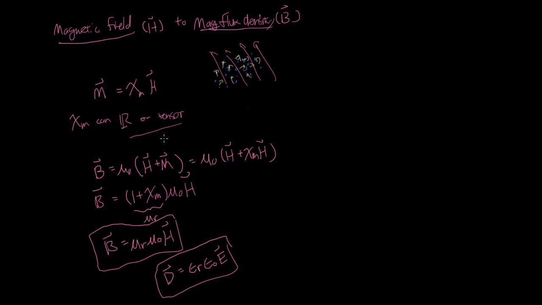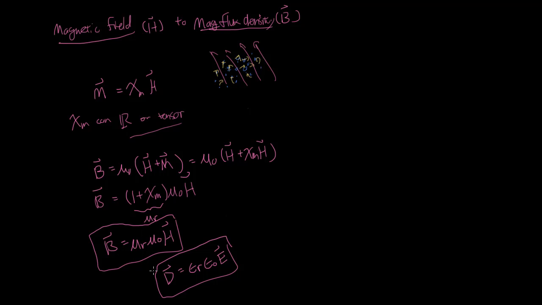But the other thing to keep in mind is that this chi M is not always as straightforward, and so in many cases the magnetic properties of a material, when significant, are often a little bit harder to describe than in the case of electric fields. But in most cases, and I would say for the purposes of this class, in a majority of situations that you interact with, the magnetic properties of the material will be similar to that of a vacuum.